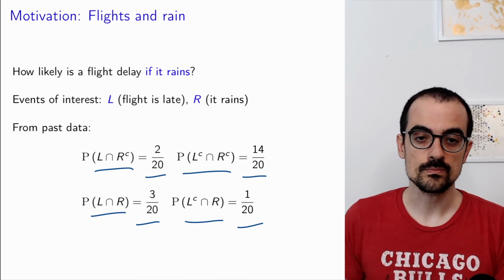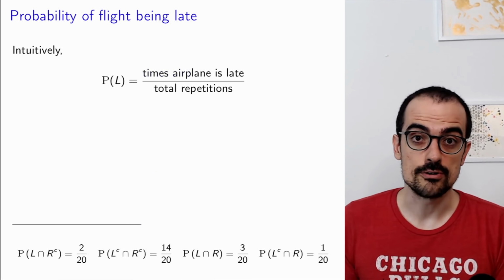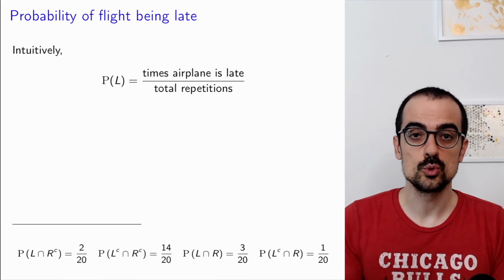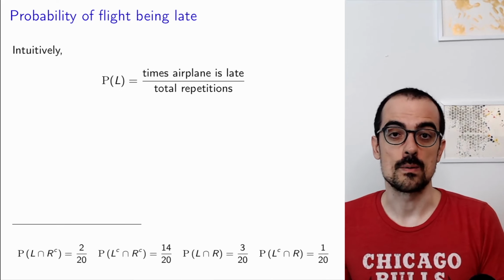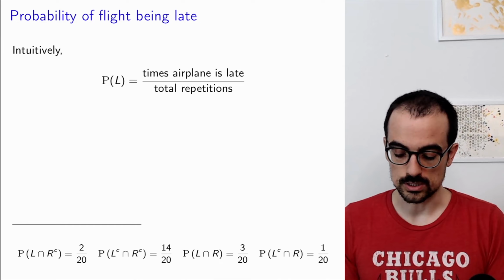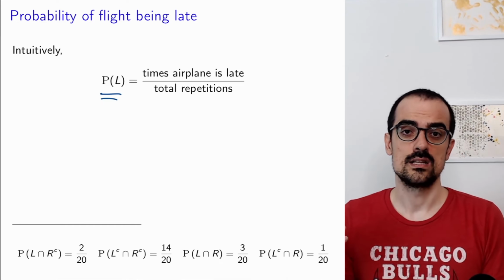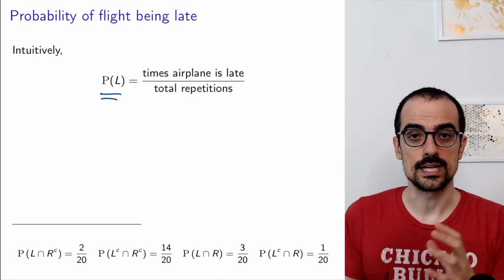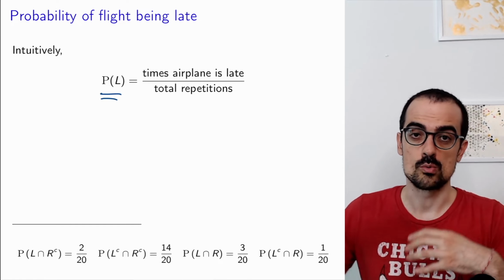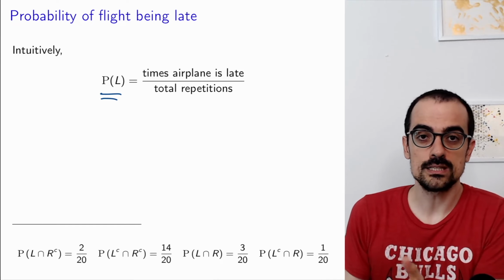Okay, all right, so now, just to refresh our memory, let's remember what the intuitive definition of probability was. When we talk about the probability of the flight being late, we imagine that there's this experiment associated to our probability space where we can repeat it over and over and over. Each time we repeat it, we get one outcome.